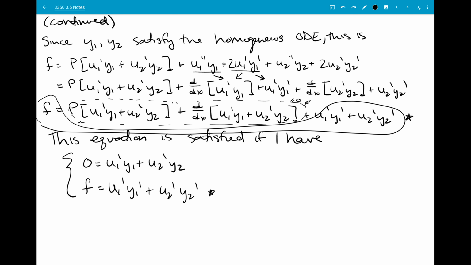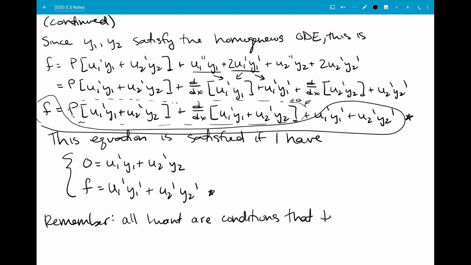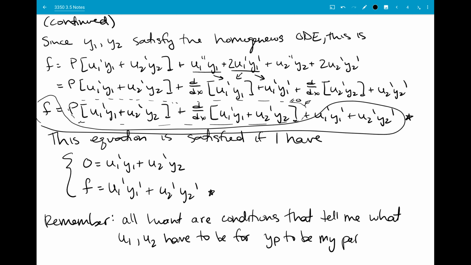And this can seem kind of arbitrary. But remember, it's okay that it's arbitrary because all I want are conditions that tell me what u1, u2 have to be for y sub p to be my particular solution.